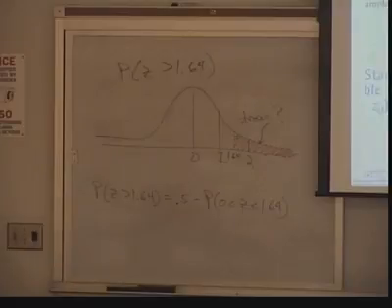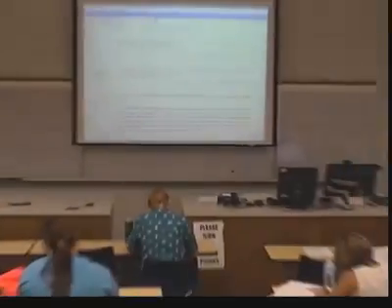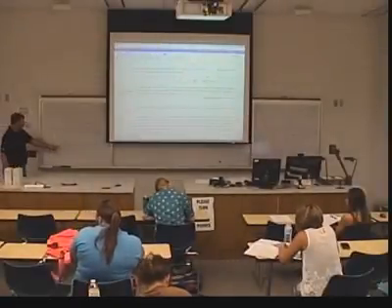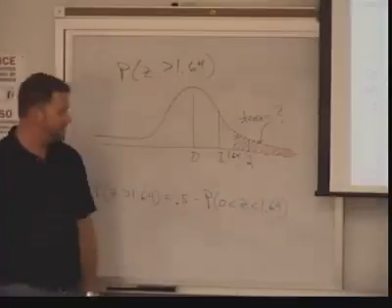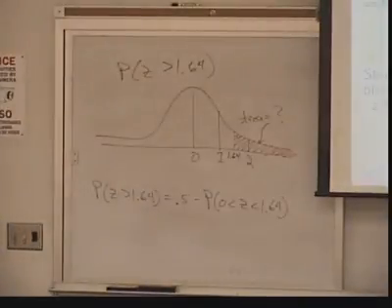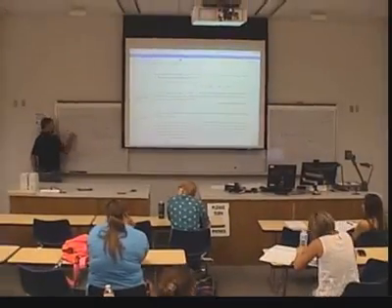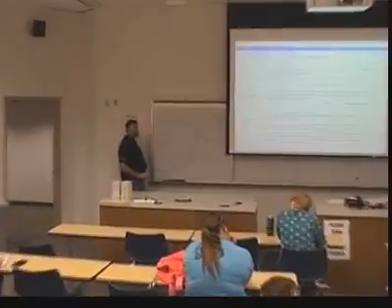Everybody see what I have written right there? So the probability that it's greater than 1.64 is 1/2 minus the probability that it's between 0 and 1.64. I could say 1 minus the probability that 0 is less than z, so I would include this half down here, but there's really no reason to. Okay?